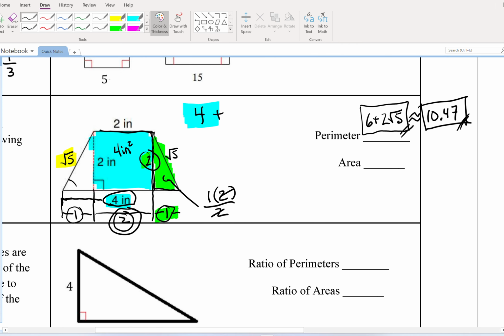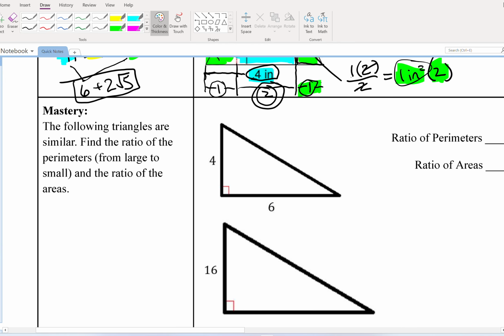And so this is the equivalent of 1 square inch, because the 2's cancel. But since I have 2 of them, times 2, then this is going to be plus 2 square inches. And so the area of this is 6 square inches.